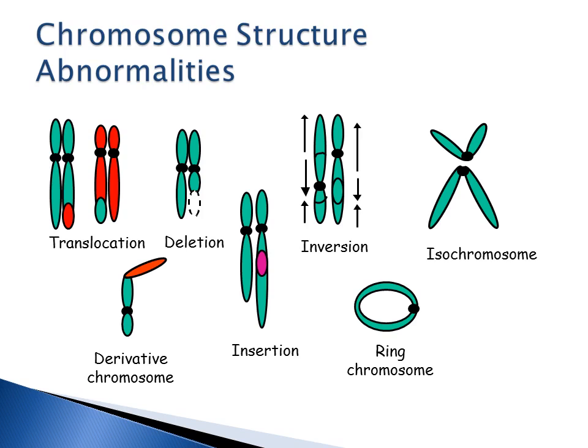You have inversion, where one part of the chromosome moves to the other side of the chromosome. You have isochromosome, where the chromosome can split. You have derivative chromosomes, where you can get various shapes and different pieces of other chromosomes that attach. You could have insertions, where you insert material that shouldn't be there, and there are ring chromosomes.